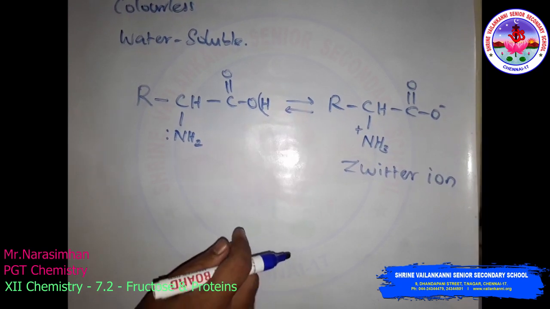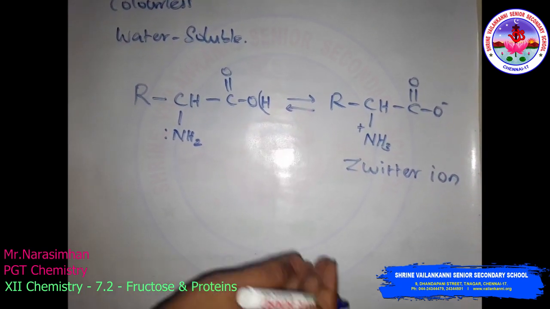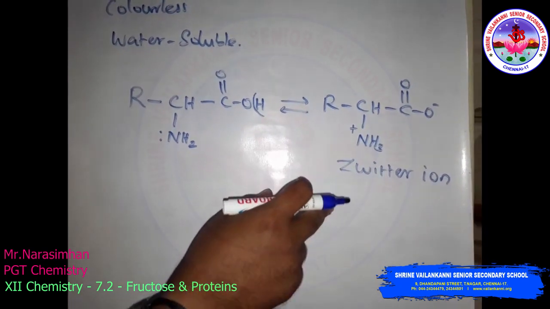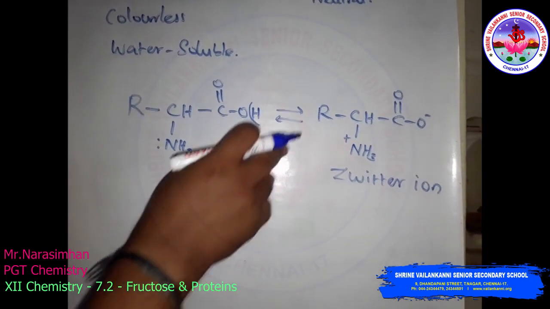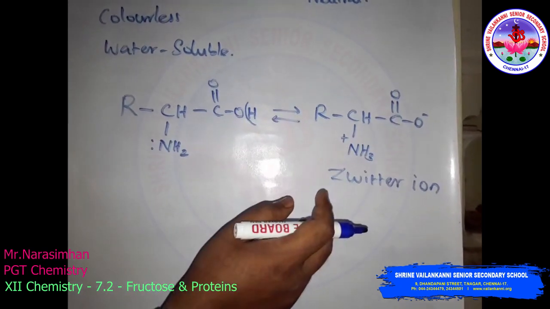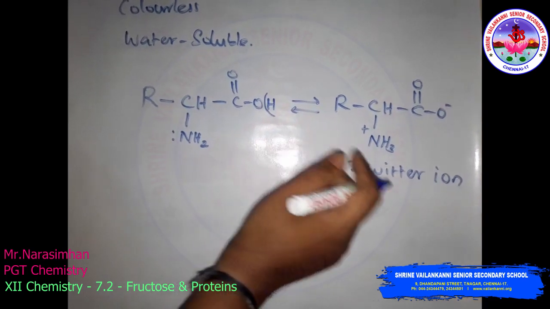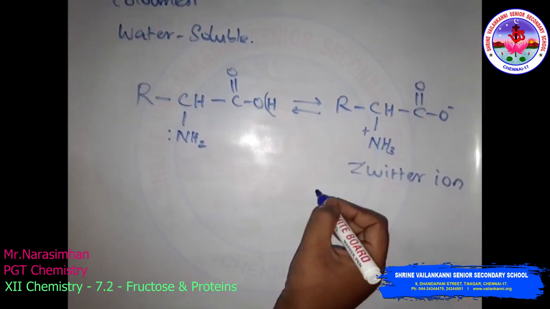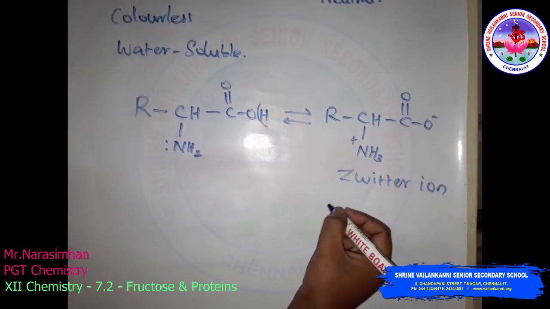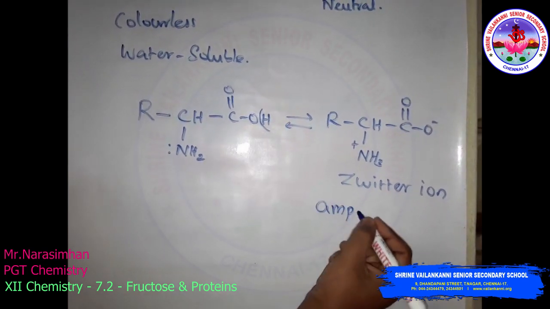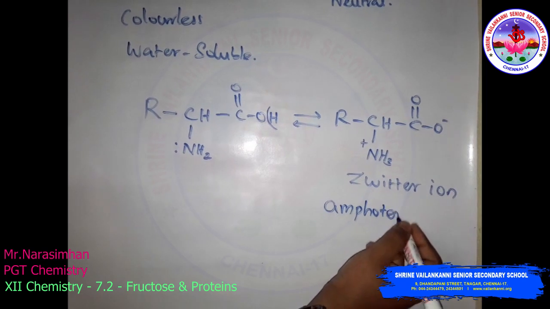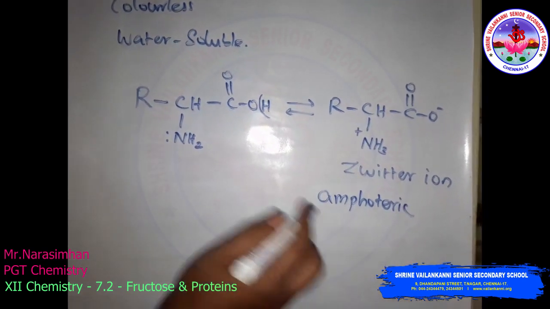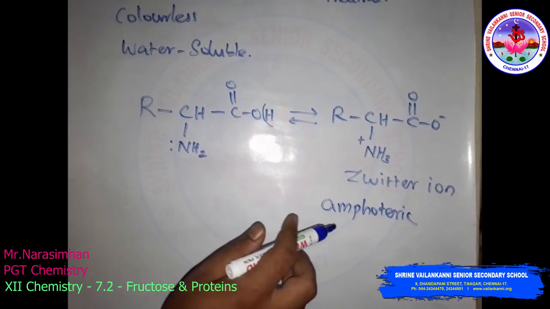So that contains both positive and negative charge. This shows the amphoteric behavior, reacting with both acids and bases. The Zwitter ionic form is amphoteric in nature, because it reacts with both acid and base.